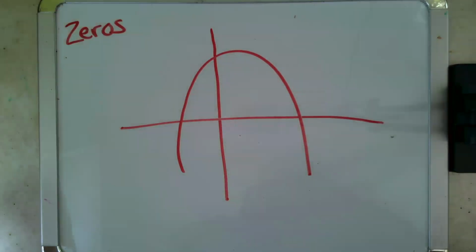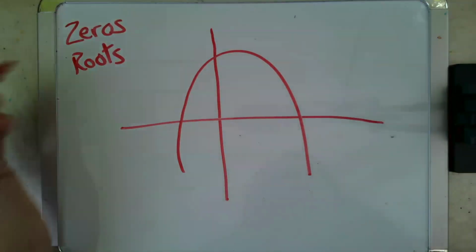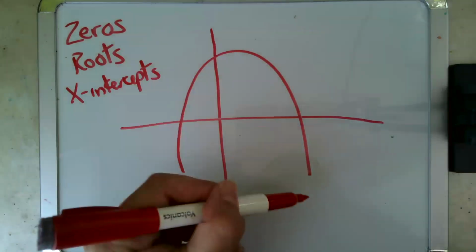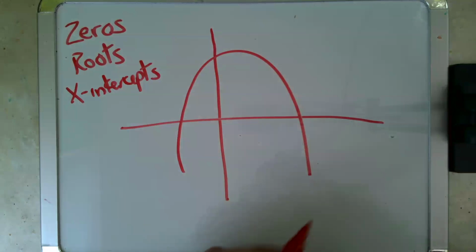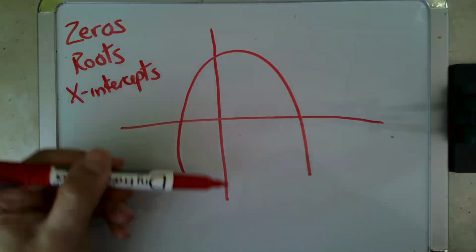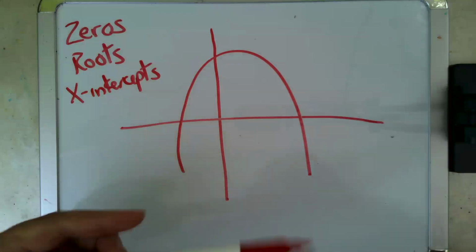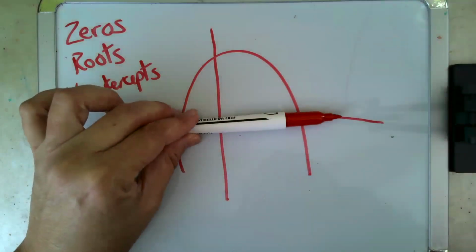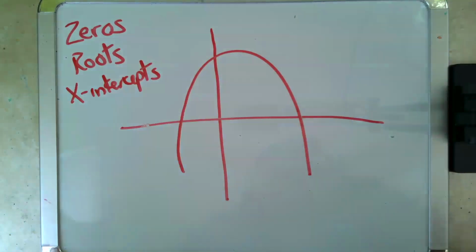Okay, so first, the exciting news. Zeros, roots, and x-intercepts all describe the same thing. They are the place on your parabola where the value of f of x is 0. So f of x, of course, is our y. And so f of x is 0 at the x-intercept, right? We have no y movement up or down.